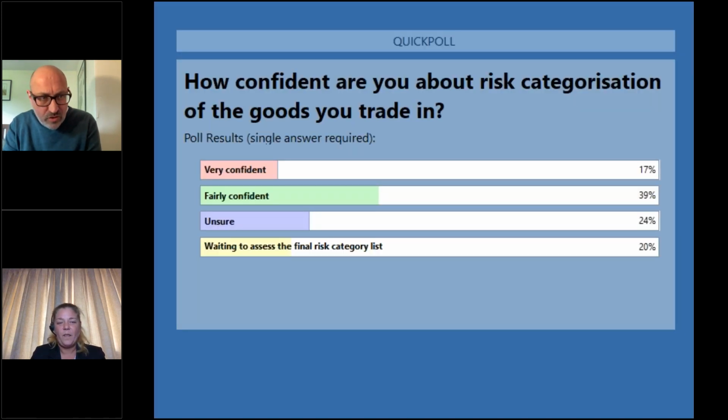Was that pretty much what you'd expect in terms of confidence around this? It seems to be about 50% either confident or fairly confident. I would expect that, or maybe slightly higher. It depends on whether you've had a chance to really review the categorisations that were published and review them versus your own supply or product list.